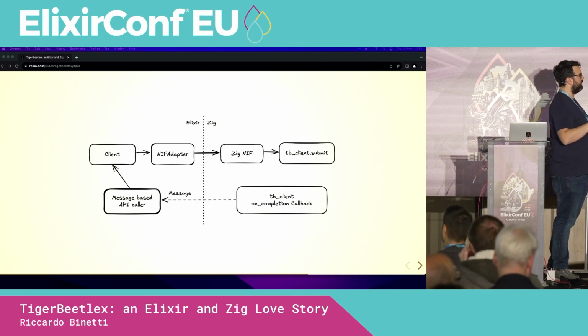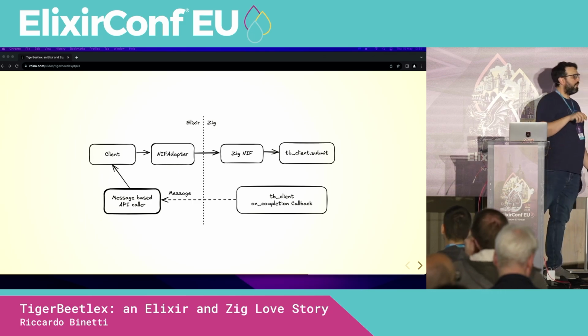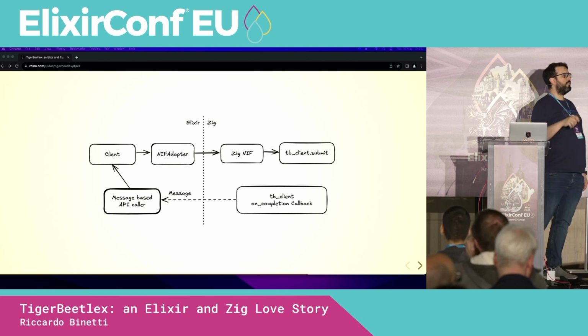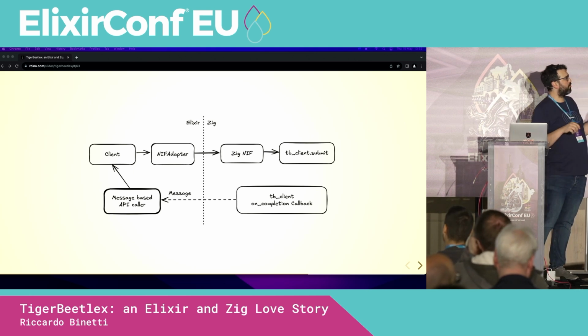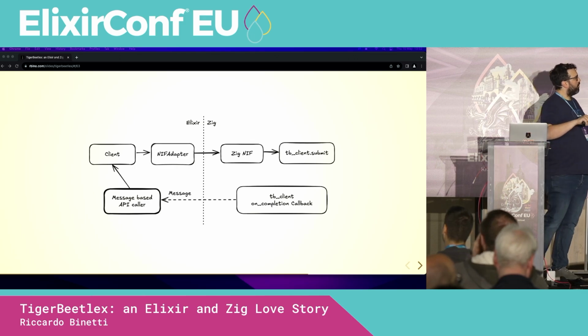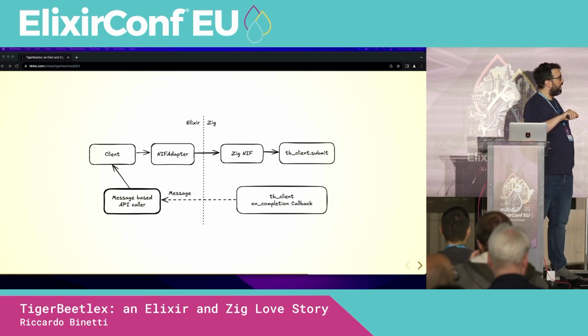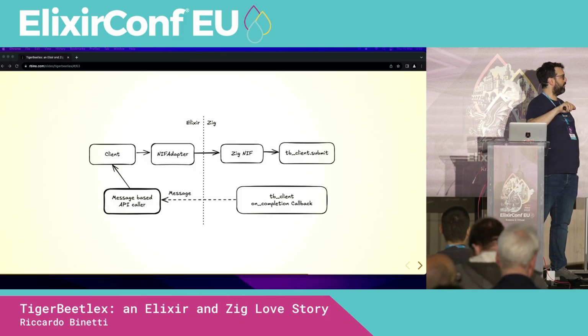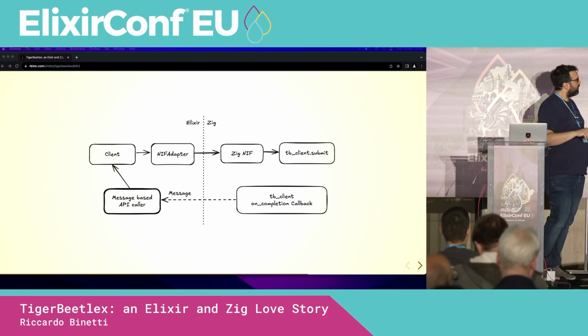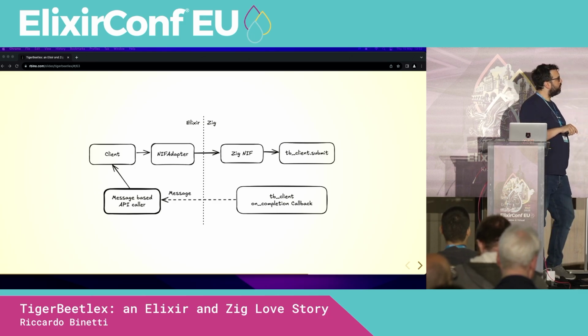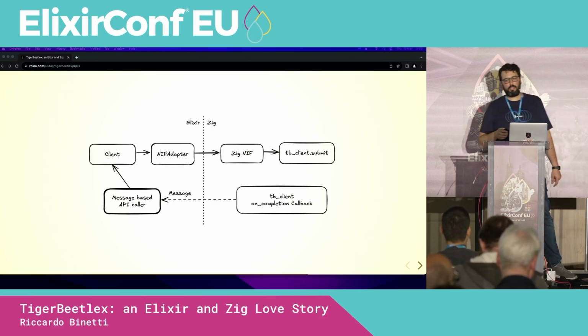And notice that there is no connection here because the Zig TigerBeetle client handles its own asynchronous execution mechanism. So what this means is that you submit and the caller returns. So the NIF execution is extremely quick. And then the on-completion callback gets called when the response is received, and the NIF is actually sending a message to the message-based API caller.